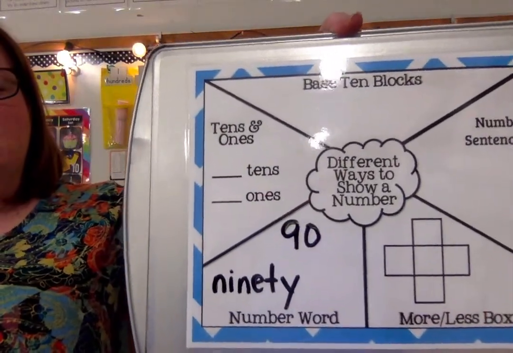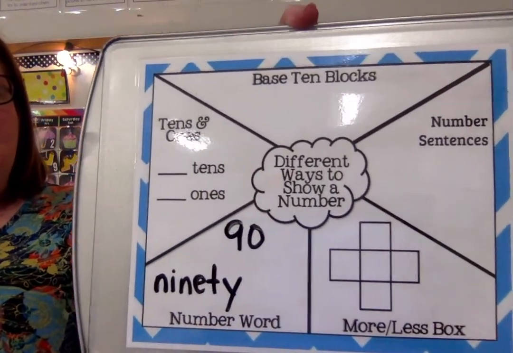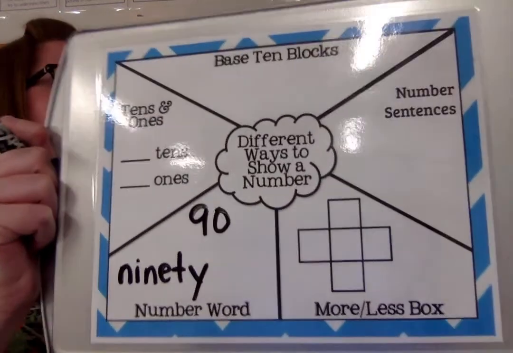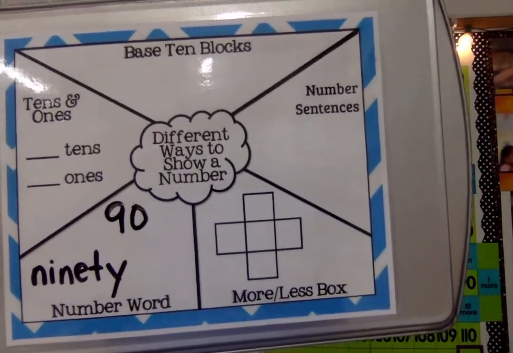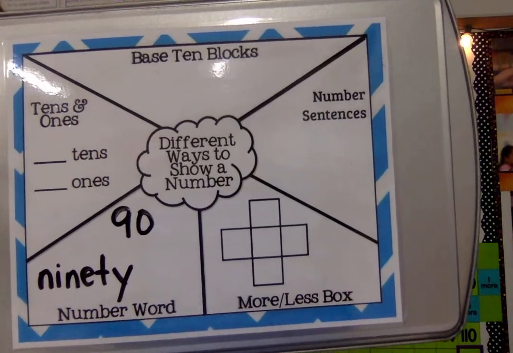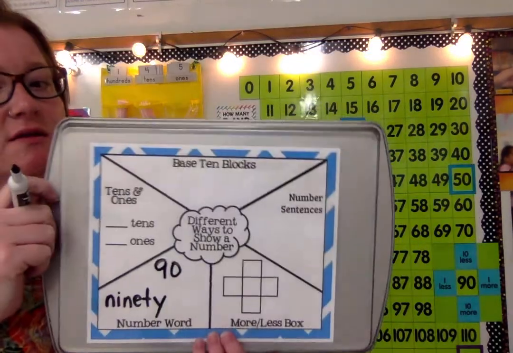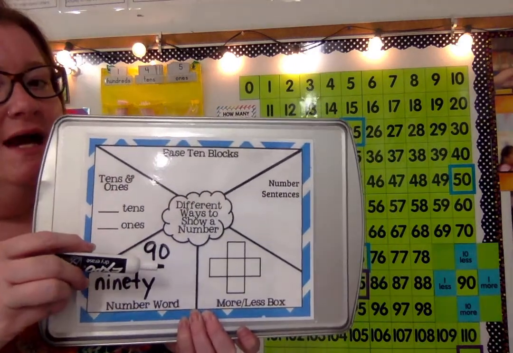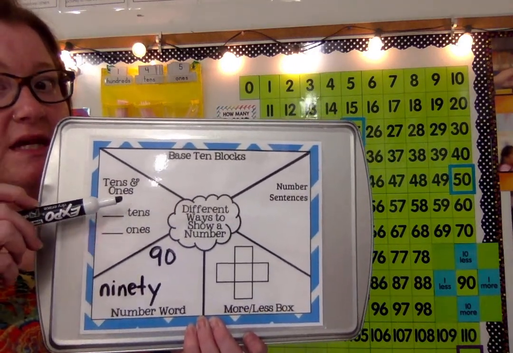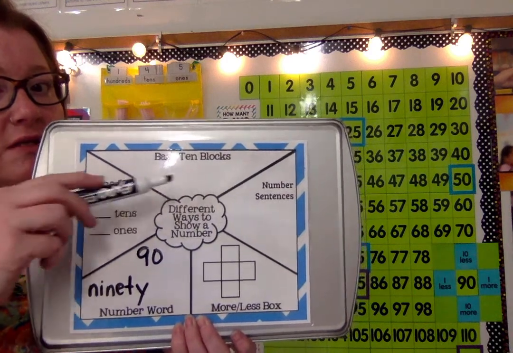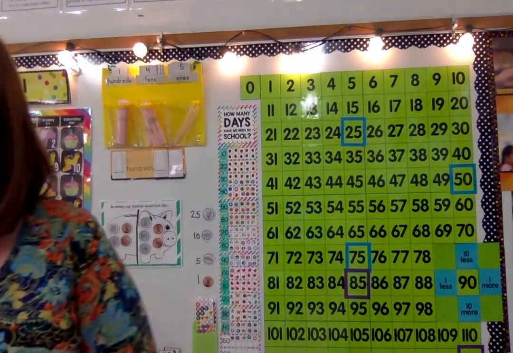We have our number word 9, then we add that TY. 90 is our number. If 90 is our number, think about its place value, what we know about 90. Show me how many tens, how many ones, and what does that look like with our base 10 blocks?